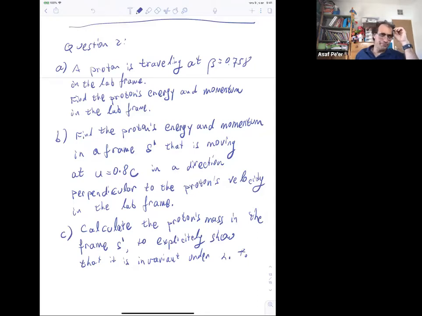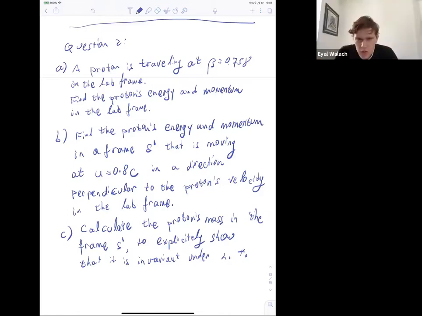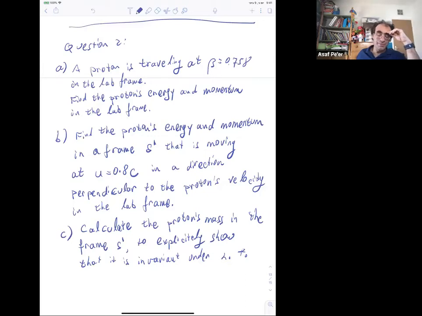Okay, so how do we approach this problem? Lorentz over and over. Oh, so many Lorentzes. Okay, so first thing, solution.